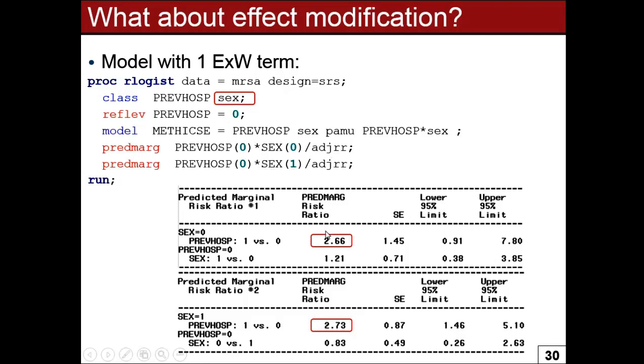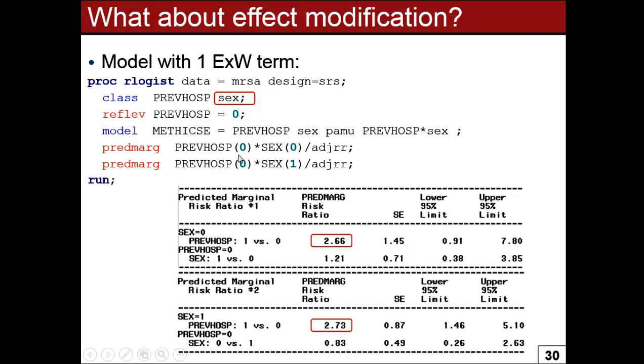Okay, and it's going to give you, Sudan's not so smart. It's going to give you some things you don't need and some things you do need. So let me show you how to read this. This table is the output for this first statement. The way I know that is it says right here, when sex equals 0, what is the effect of prev-hosp 1 versus 0? That's the thing we want. That's the risk ratio for the exposure, 1 versus 0, when sex is 0, okay, 2.66. So that's the first thing of interest.